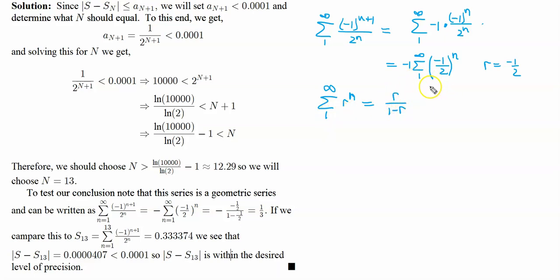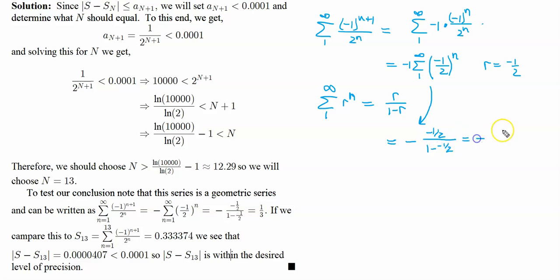So this is going to equal negative, that negative right there. The r is going to be negative 1/2, so it's going to be negative 1/2 divided by 1 minus negative 1/2.